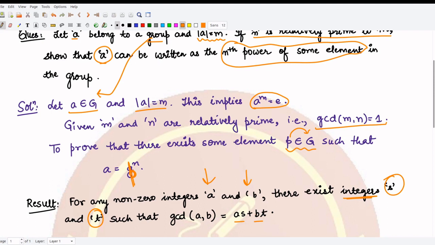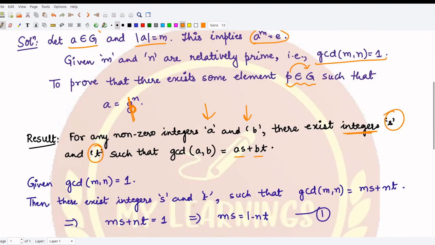Here, because you are given the GCD of m and n is equal to 1 because they are relatively prime, you can write the GCD of m and n as ms plus nt, where s and t are some integers, not necessarily positive.